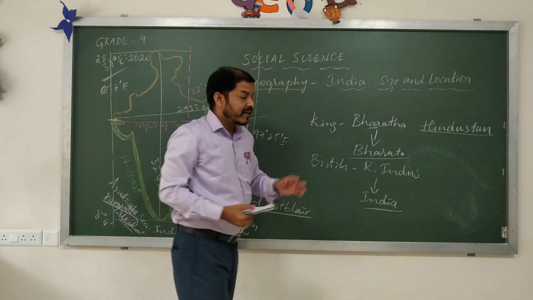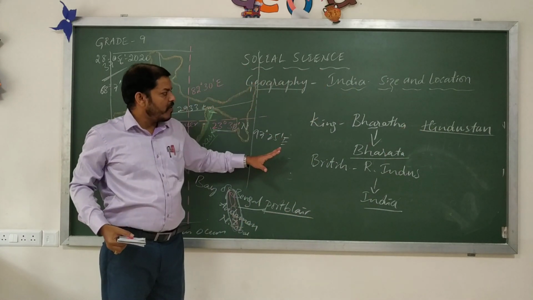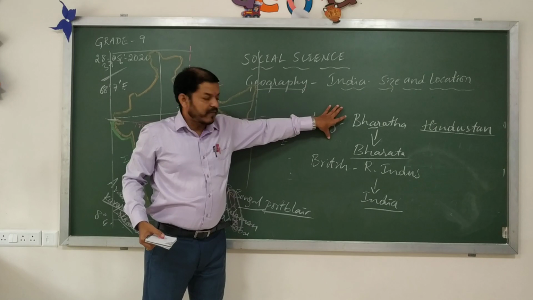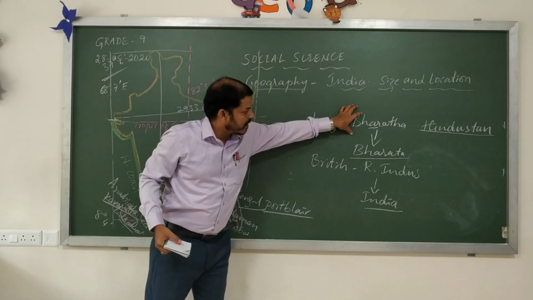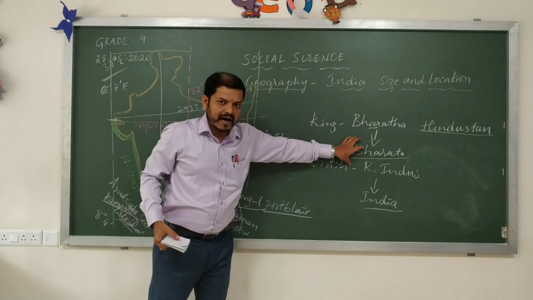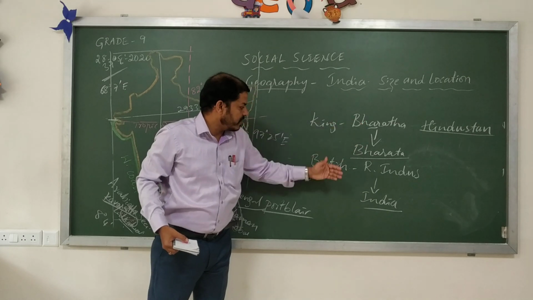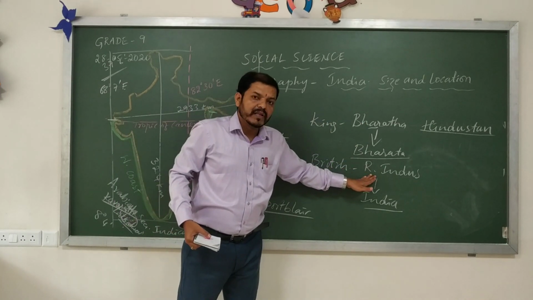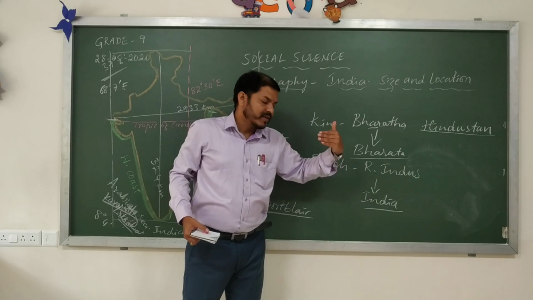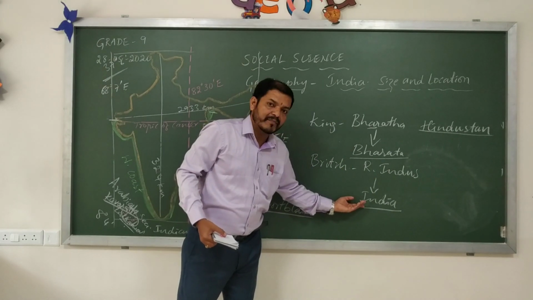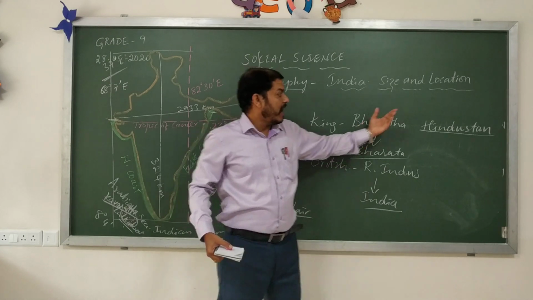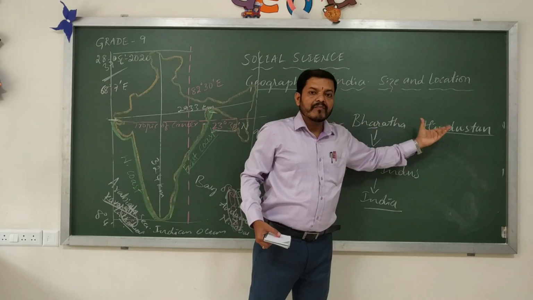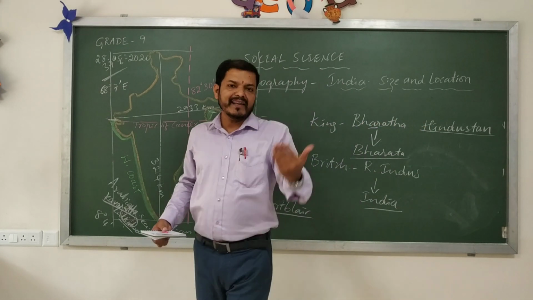So these are the different names we have. One is from the ancient king called Bharata, it came to be known as Bharata. This is the ancient version. Later, when the British entered, due to the land of the river Indus, this landmass came to be known as India, and Hindustan because of the majoritarian base.